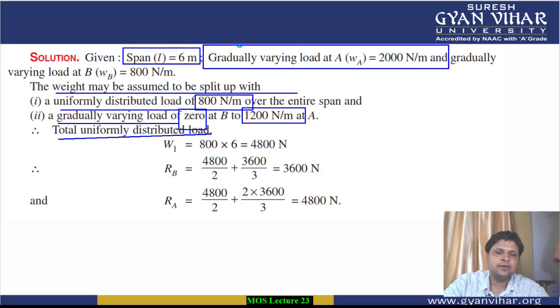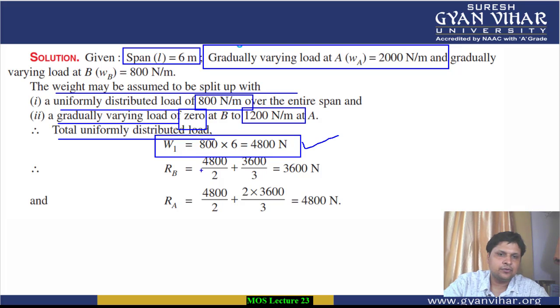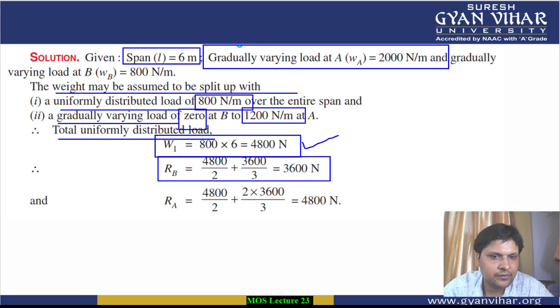Total UDL will be 800 into 6 which is 4800. Since the UDL is on the whole of the section, the support reaction contribution will be half, so 4800 divided by 2. From the UVL it will be 3600 divided by 3. In this way we have calculated the reactions at A and B.